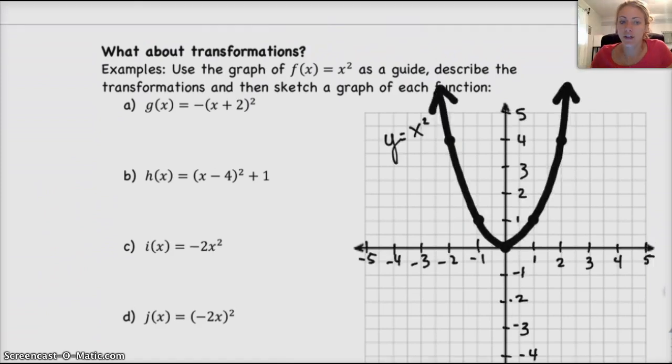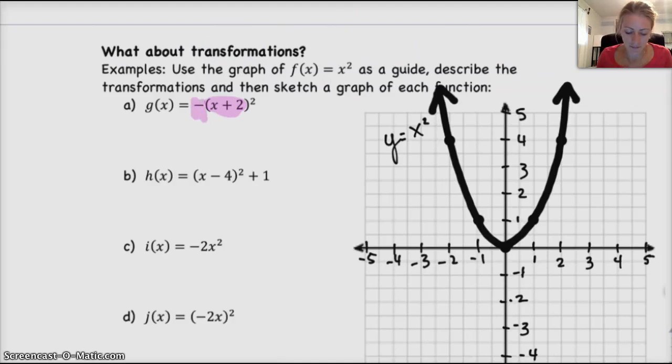All right, so if we started out with y equals x squared, or f of x equals x squared, then looking at g of x, we have two transformations, right? We have this plus 2 on the inside, and then the negative outside the function.